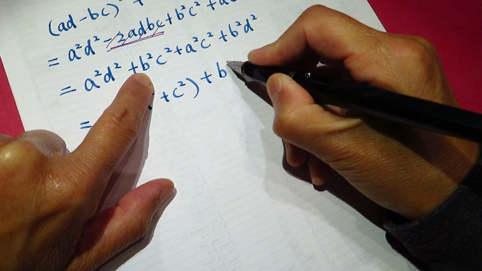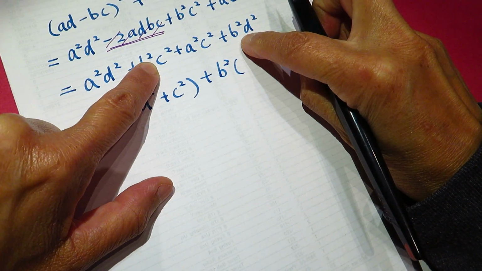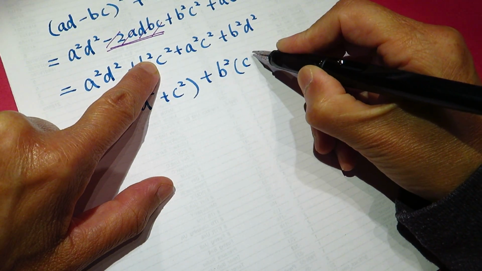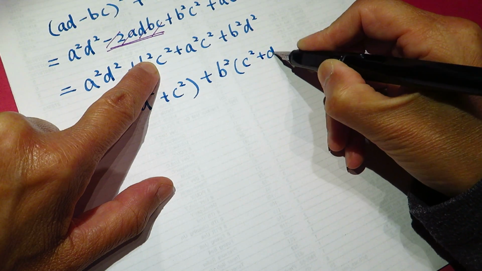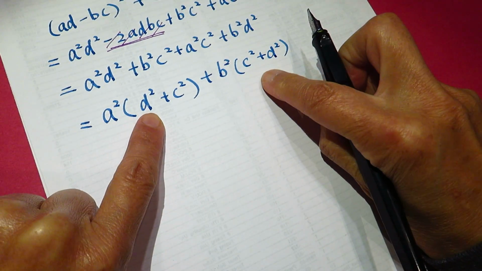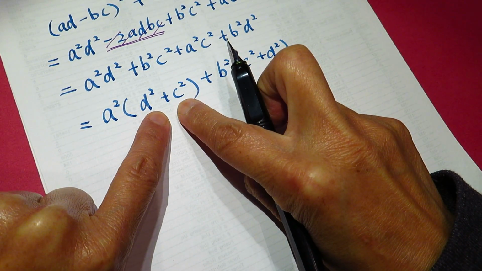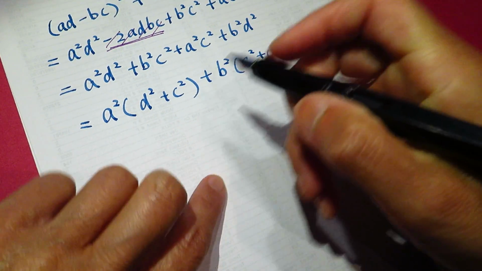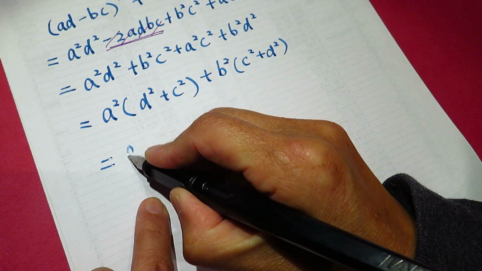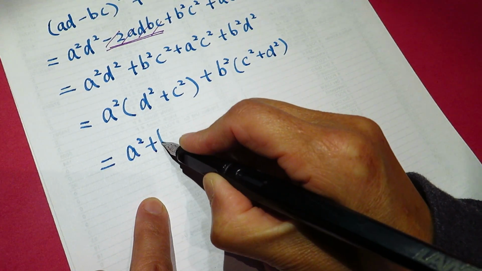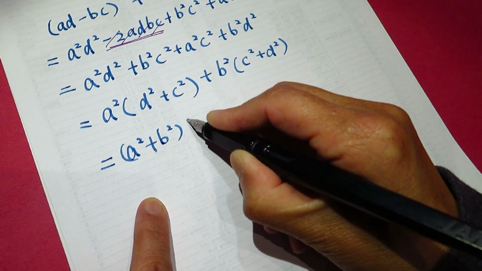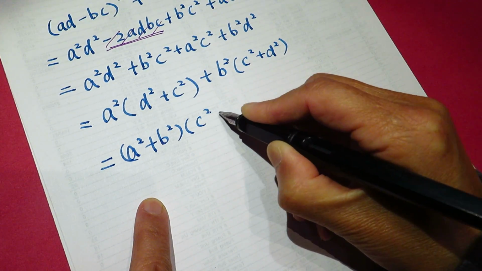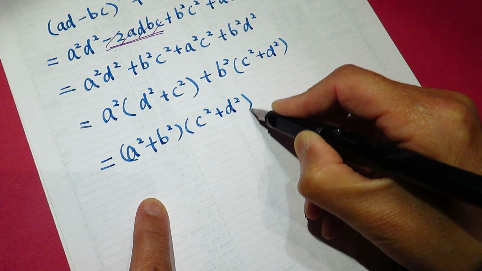So plus b squared, take out b squared, and the remaining is c squared plus d squared. Ooh, what are we seeing? c squared plus d squared, c squared plus d squared. So (a squared plus b squared) times (c squared plus d squared).